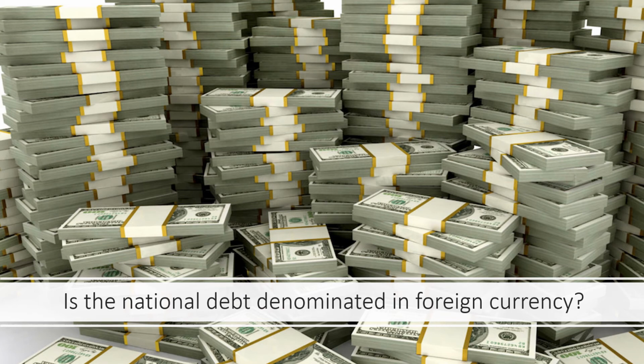Another say what it depends on factor is the issue of the national debt. Is it denominated in local currency, a currency that you can print, or is it denominated in a foreign currency? As I say, that's likely to happen if you've defaulted in the past, and Mr. Bond will only buy your government bonds if they're denominated in a foreign currency like US dollars that you can't print.